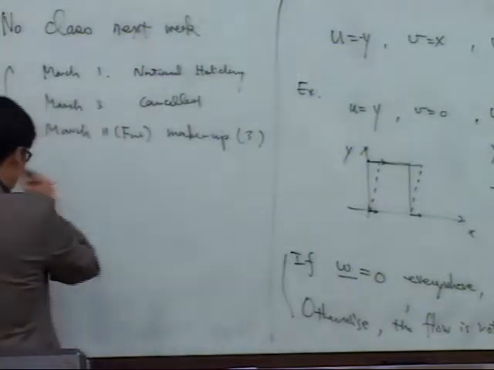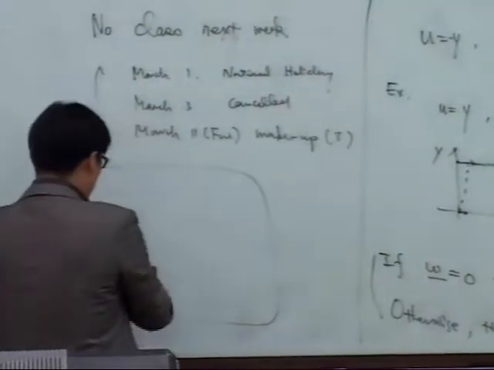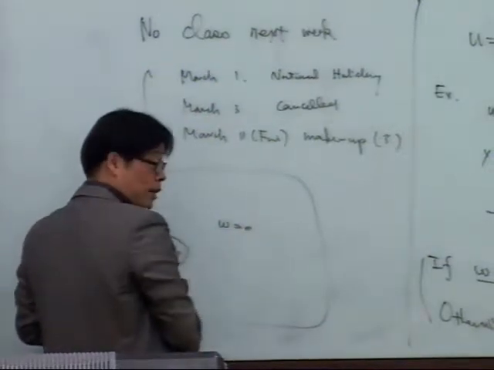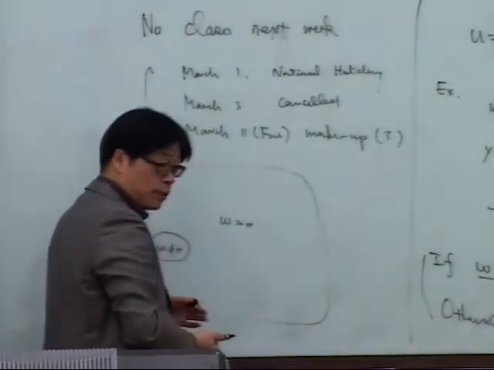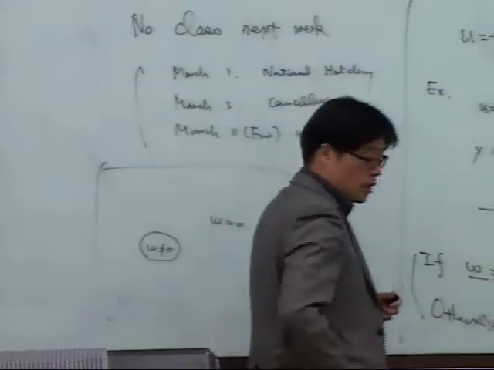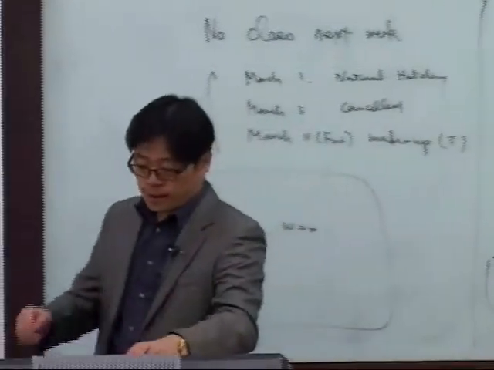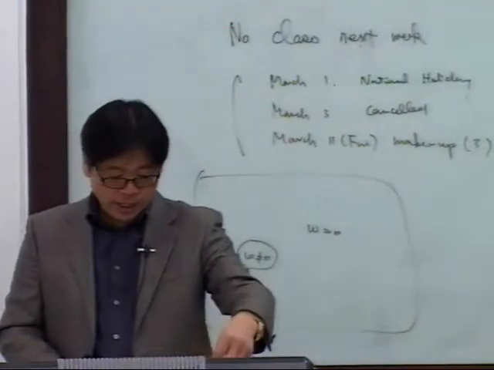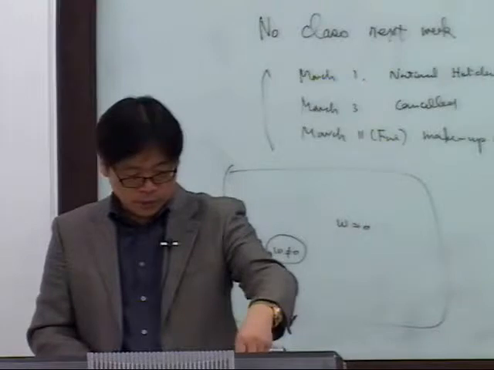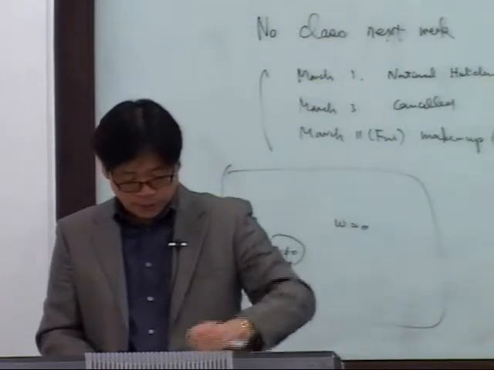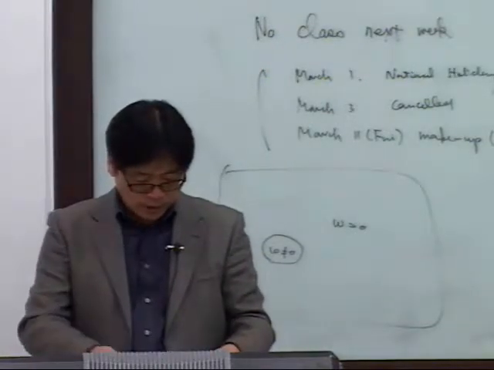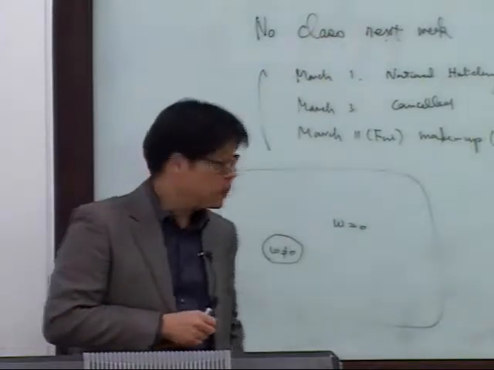So this is my fluid domain. If I have vorticity here which is not equal to 0, and vorticity is equal to 0 elsewhere, for example, then this flow is rotational. Okay. So that's the definition of irrotationality. And later, we are going to use irrotationality to solve problems. So understanding what we mean by irrotational is important.